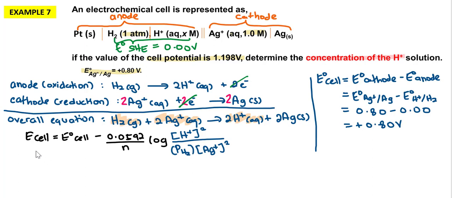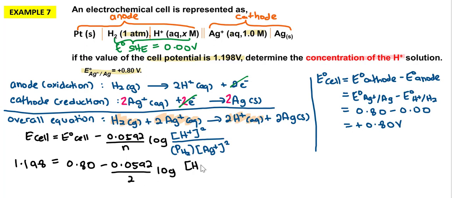So substitute the values into our Nernst equation. We already have the cell potential, the E cell value, 1.198 volt, equals the E naught cell, which is 0.80 volt, minus 0.0592 over n. The number of electrons involved in this reaction is 2. Then log the concentration of the hydrogen ion to the power of 2, divided by the pressure of the hydrogen, which is 1, there is no coefficient for the hydrogen gas.